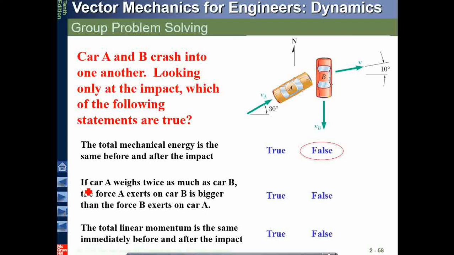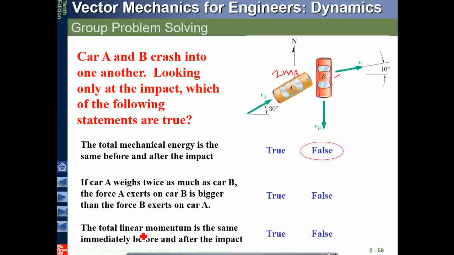The next part says if car A weighs twice as much as car B, car A is 2m, and B is m. This is a truck, and this is a simple nano car, something like that.